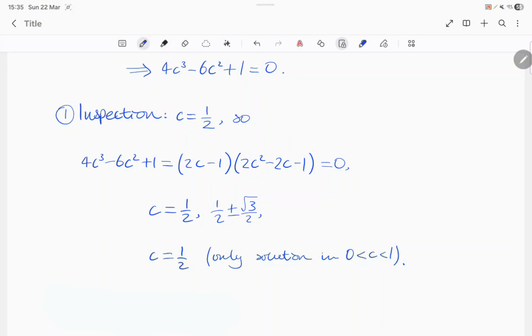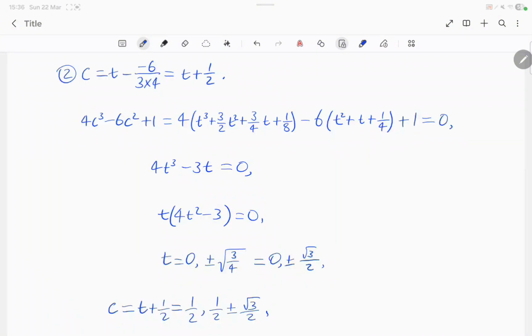Solving the equations gives that c is equal to 1/2 or 1/2 plus or minus root 3 over 2. This gives c is equal to 1/2 since c is the only solution out of the three that lies in the range 0 is less than c is less than 1.